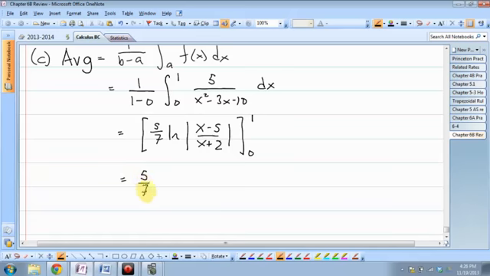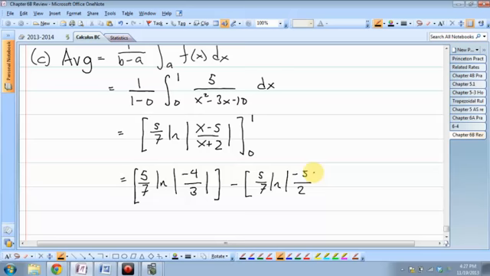That's 5/7 the natural log of the absolute value of 1 minus 5, which is negative 4, over 1 plus 2, which is 3, minus 5/7 the natural log of 0 minus 5, which is negative 5, over 0 plus 2, which is 2. That's great.